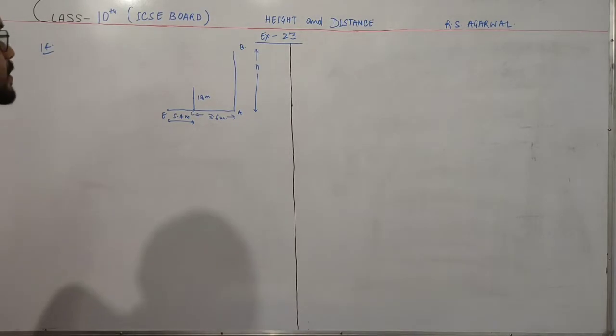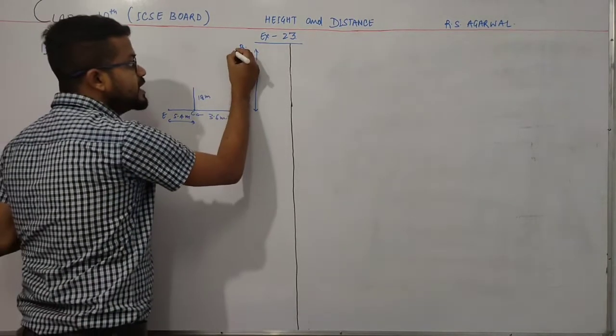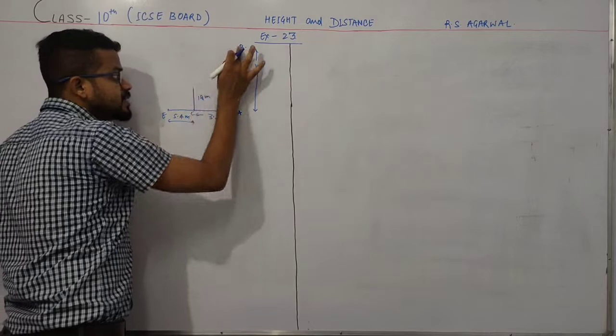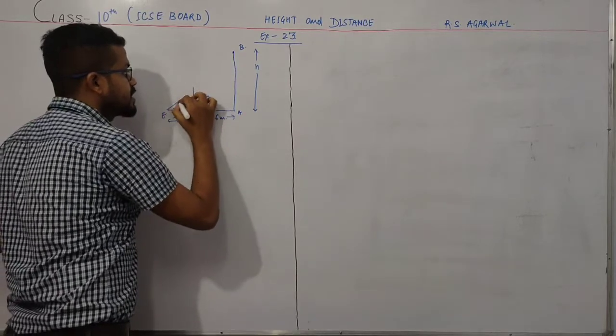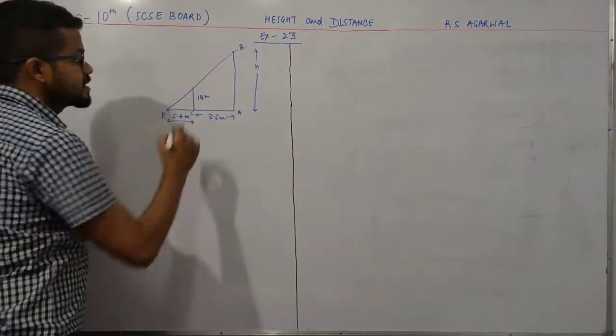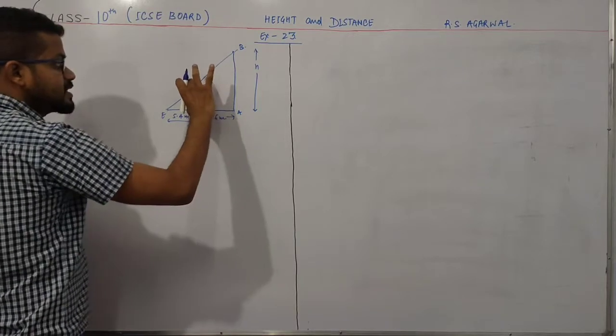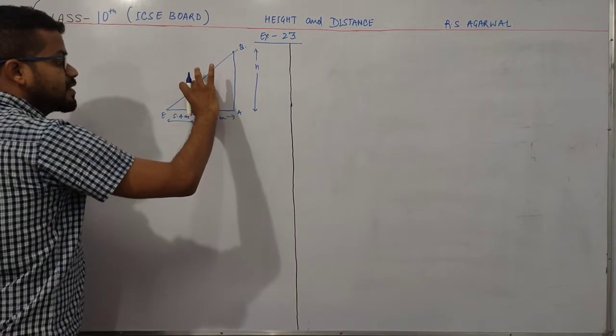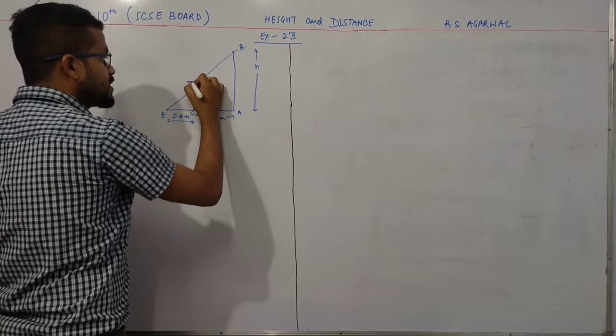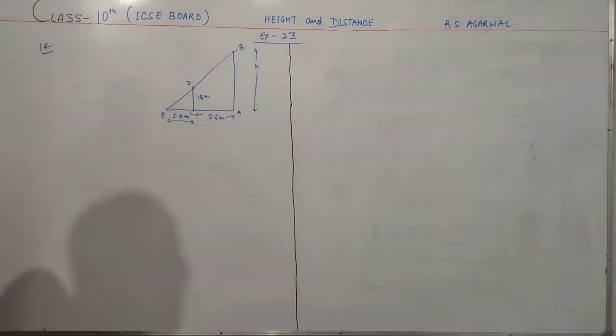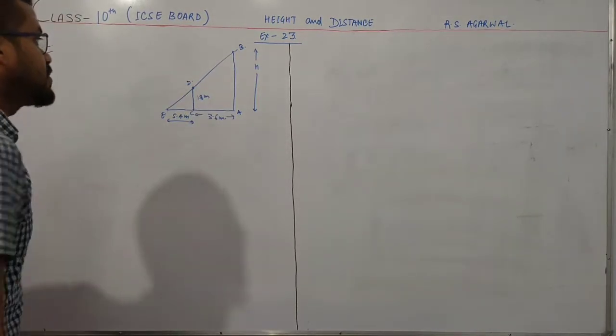Simply you have to join this point B to this point E. I join this, so this is the height of the tall boy. I put the name here D. So CD is the height of the tall boy.